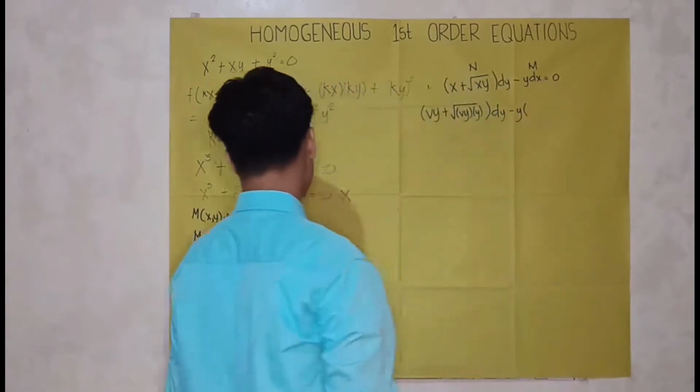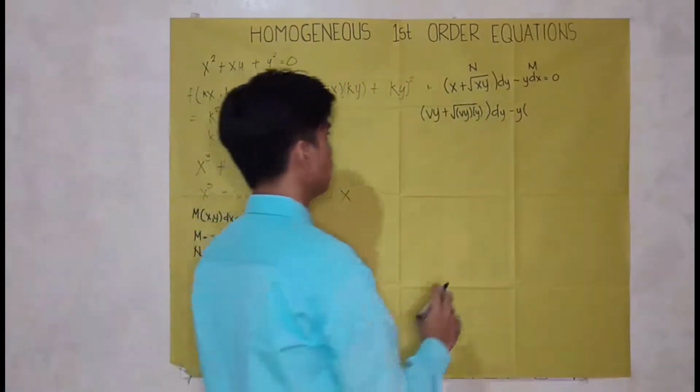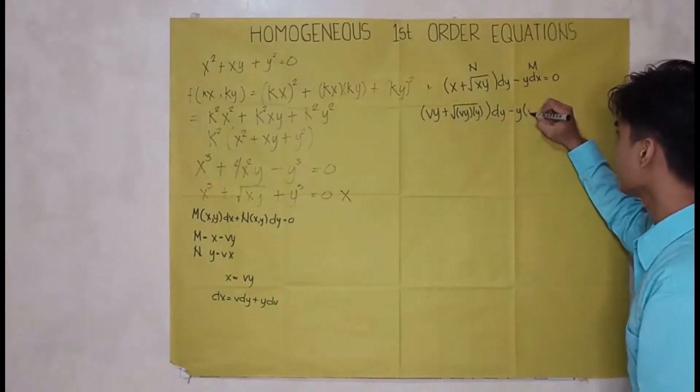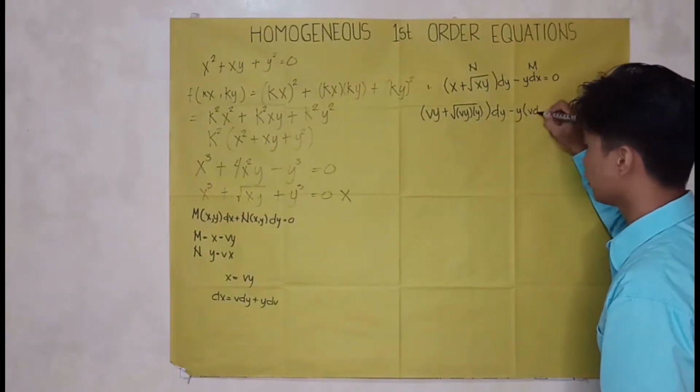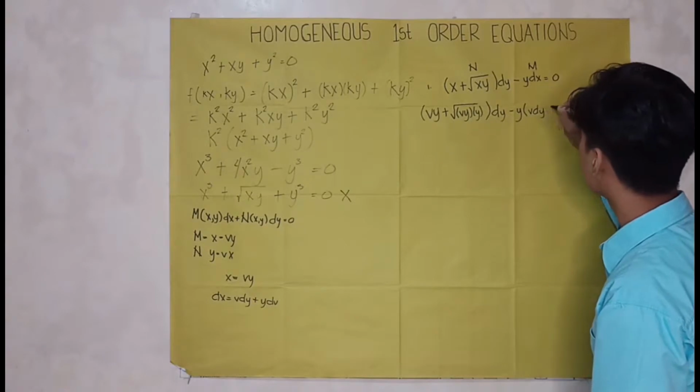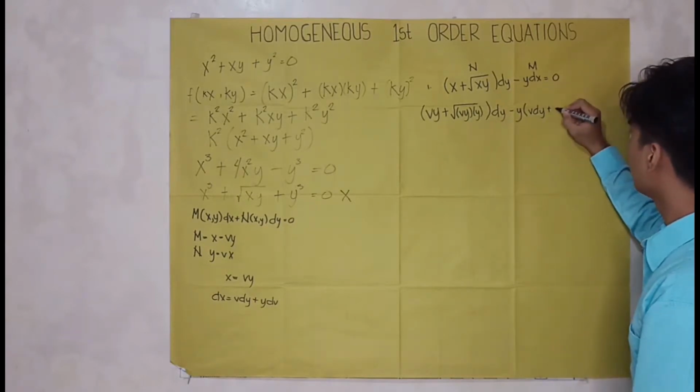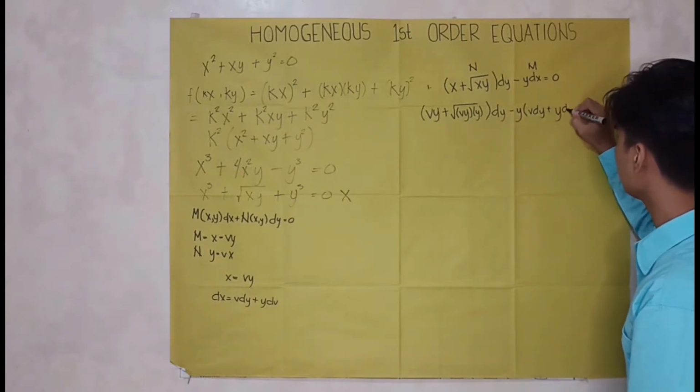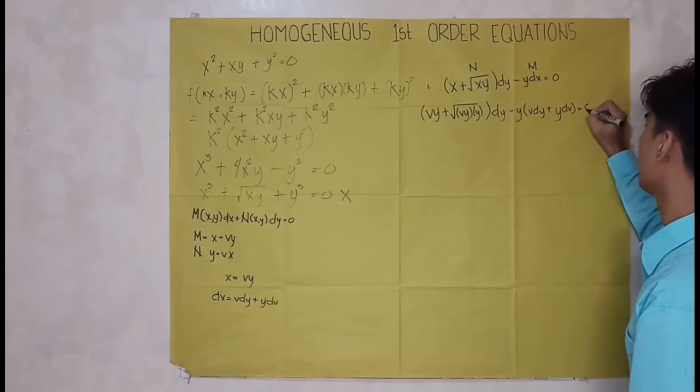Yung dx natin is may value tayo ng v dy plus y dv is equals to 0.